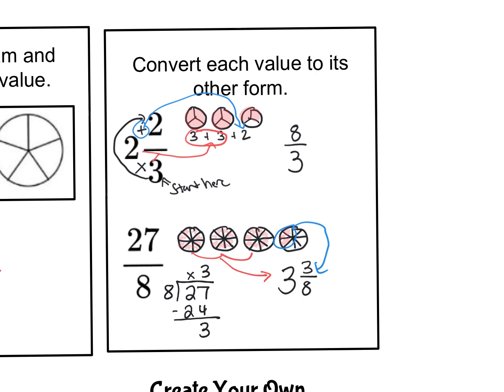That left me with 3 left over. Instead of putting remainder 3, we take the remainder and it becomes the numerator of our fraction. And then that 8, which is what we divided by, becomes our denominator. And that's also how we got the 3 3/8.